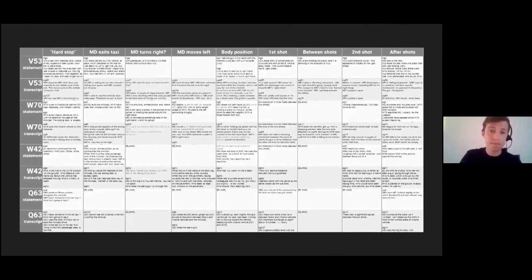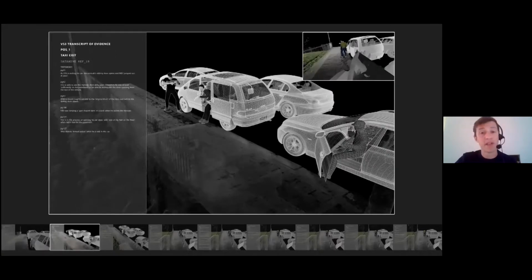From there, our architects turned each of those cells, each of those moments, what one officer thought he saw at one particular moment, into a kind of spatial database. So we could see approximately where every officer was according to one another's statements, but also we could see what they thought they saw at that particular moment.